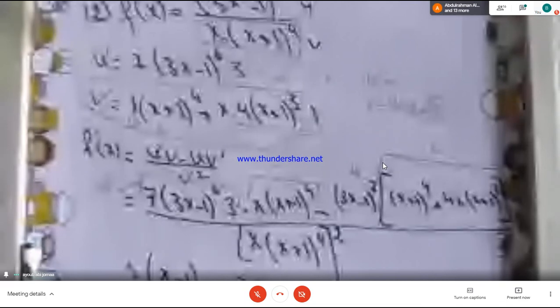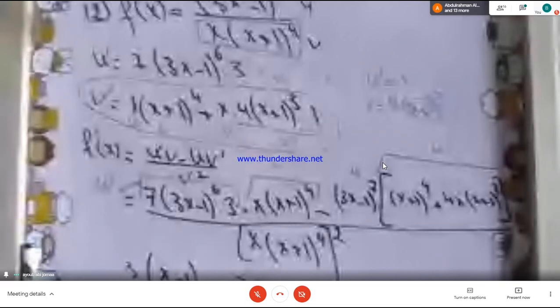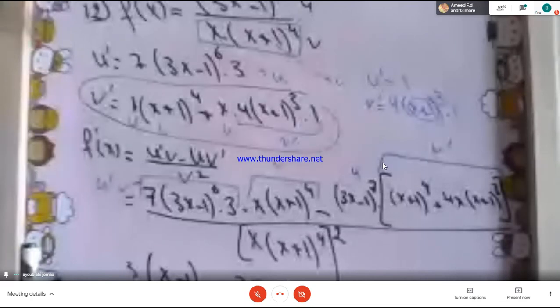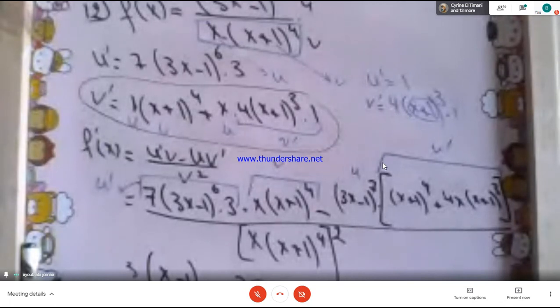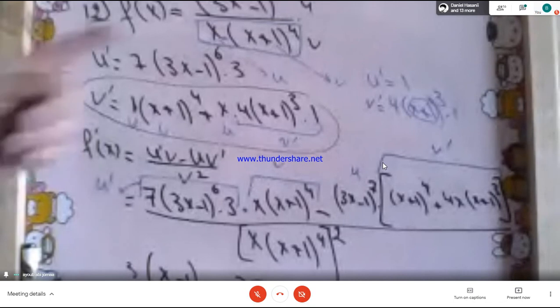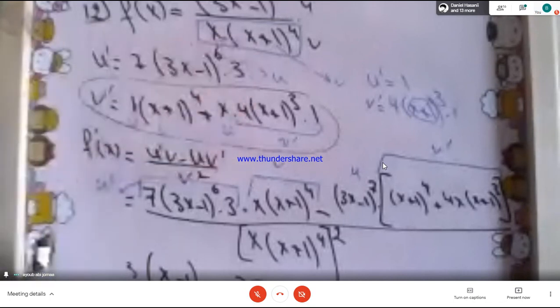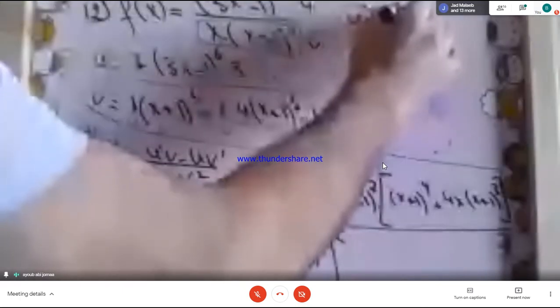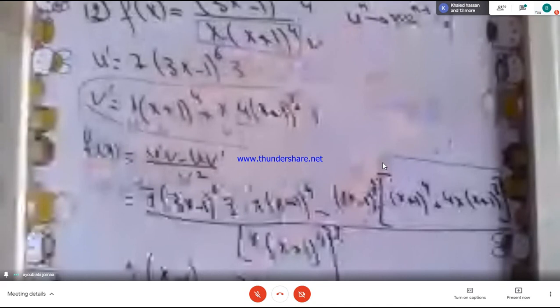How did you get the derivative of x plus 1 to the power 4? To remind you, u to the power n, its derivative is n times u to the power n minus 1 times u prime.